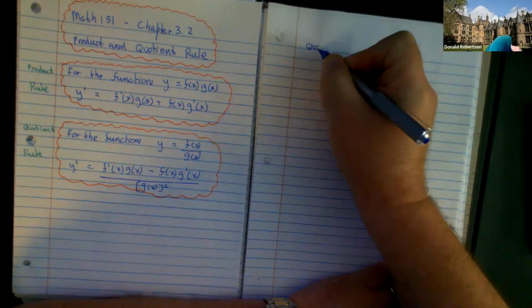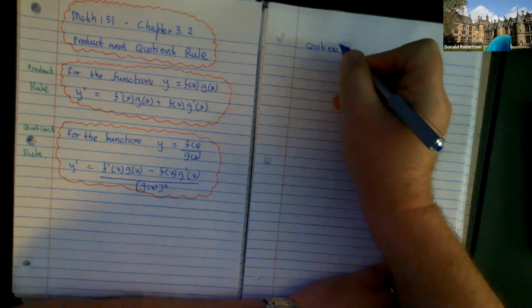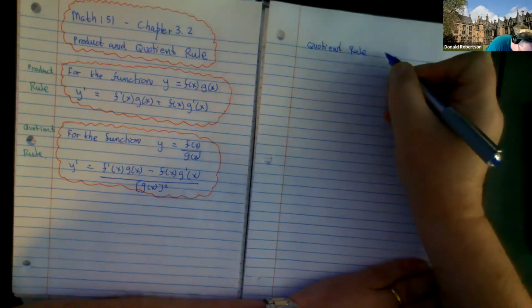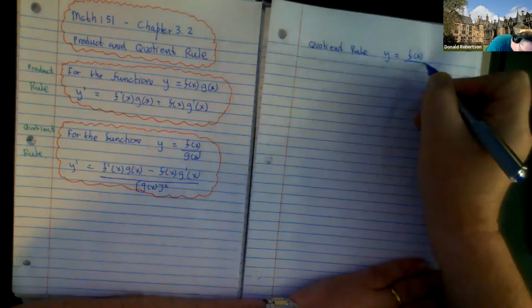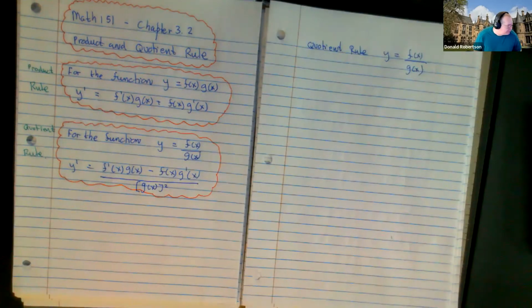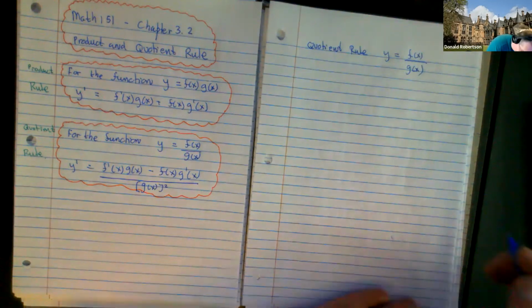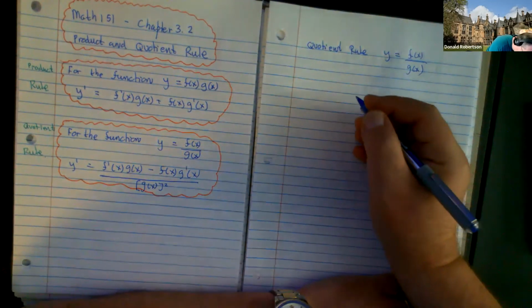So let's now look at quotient rule. You use the quotient rule when the function you're trying to differentiate is a fraction, right? It's got an expression of x on the top or a number and the same thing on the bottom. So an example of that would be question 14.